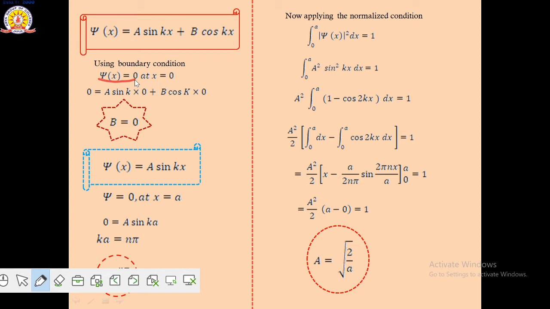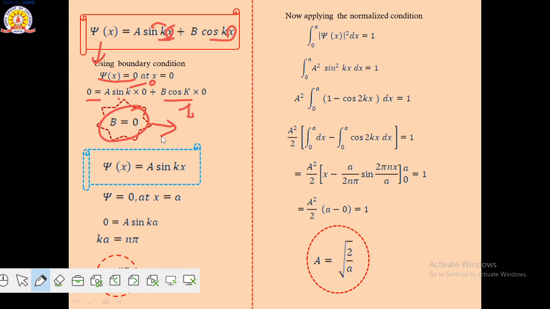Got it? So if you put in that given equation x is equal to 0, sine 0 is equal to 0, and cos 0 is equal to 1. So in that equation, psi of x will be 0, so that term is 0, and that is 1. Okay? So from the first boundary condition, we got the unknown constant b.